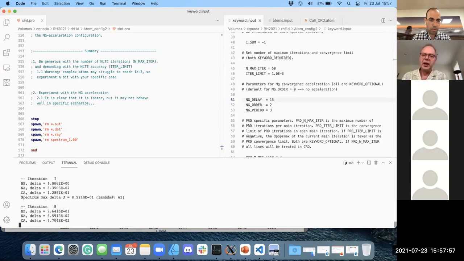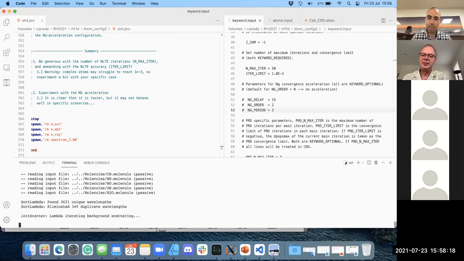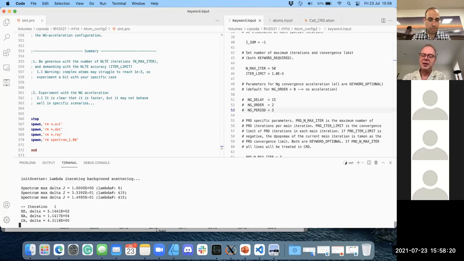That's going down, and now it's going back. No, it's still going back. So that's the complication also with the other atoms. Let me try just without acceleration, and see, because it was going down slowly.